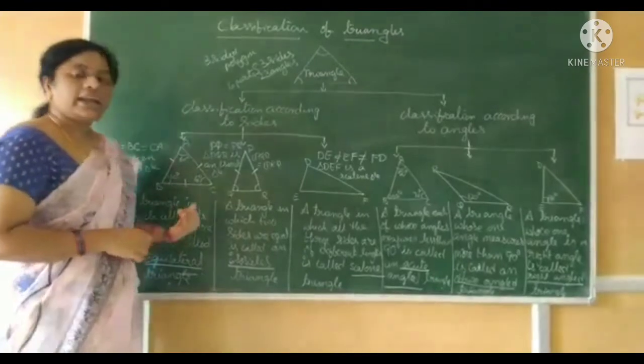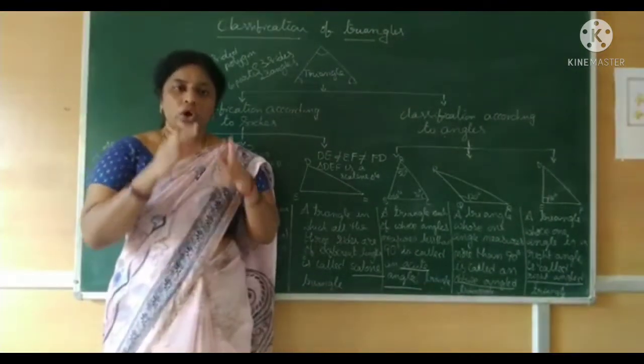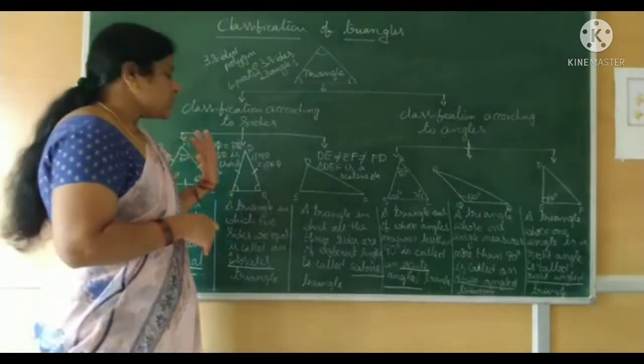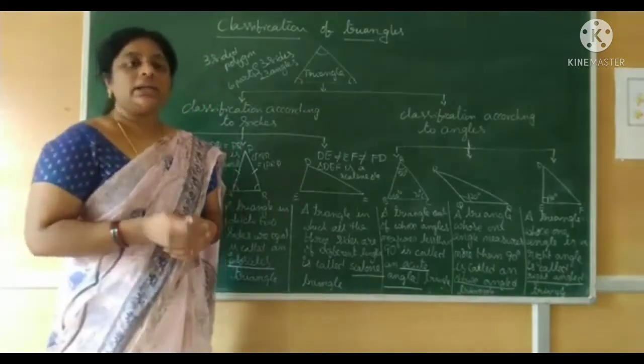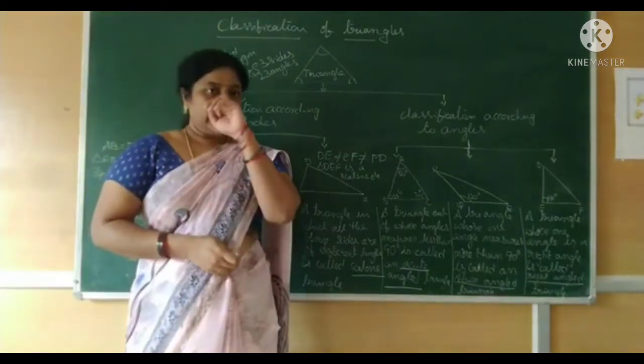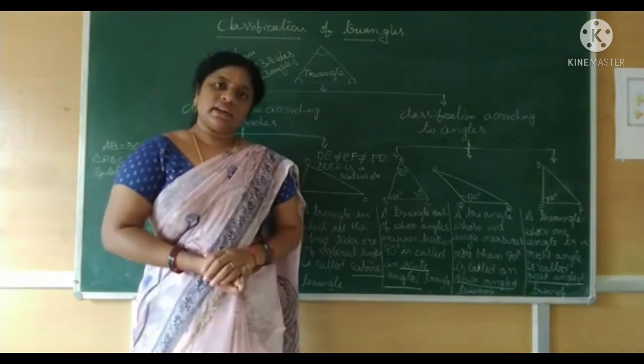Again, equilateral triangle means all the three sides are equal in measure. That's why all the angles are also equal in an equilateral triangle. Isosceles: a triangle in which two sides are equal in measure.